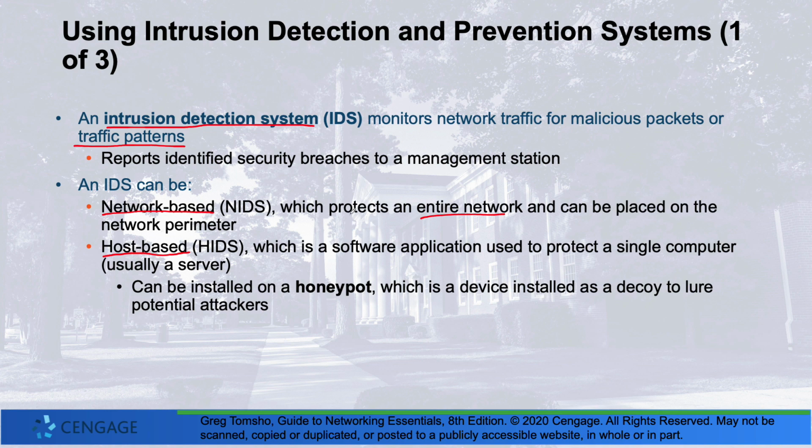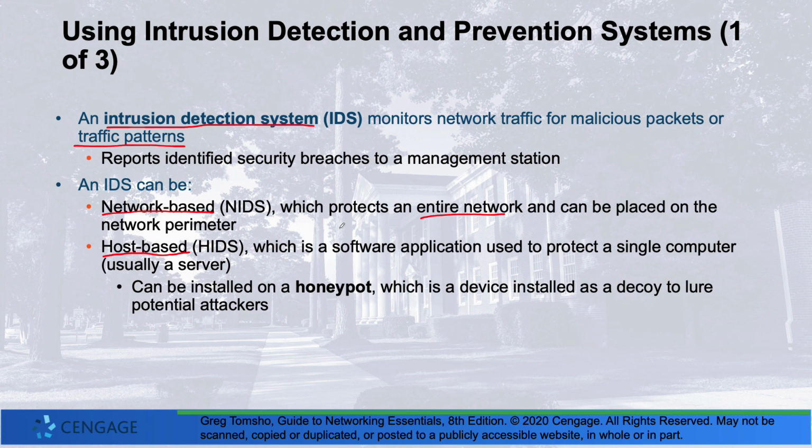So you place it in a place where it can see all the traffic on the network. It looks for things such as virus signatures, bit patterns in the traffic, to tell you if there's a virus on your network. It also looks at things like host sweeps or ping sweeps. If somebody's pinging all of the computers in your network, that's typically a prelude to an attack.